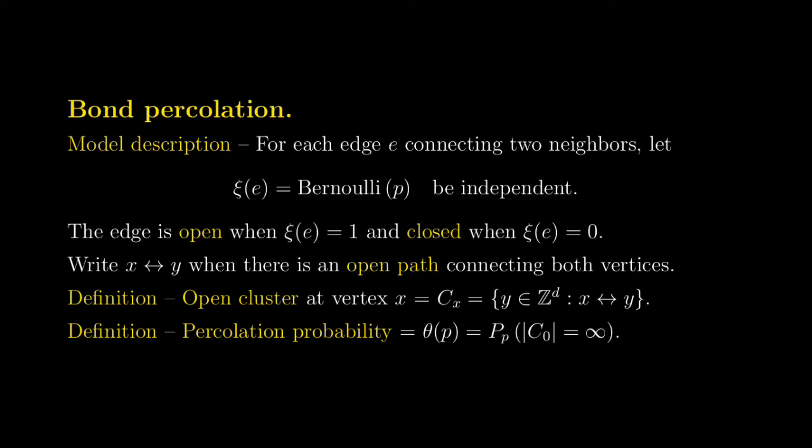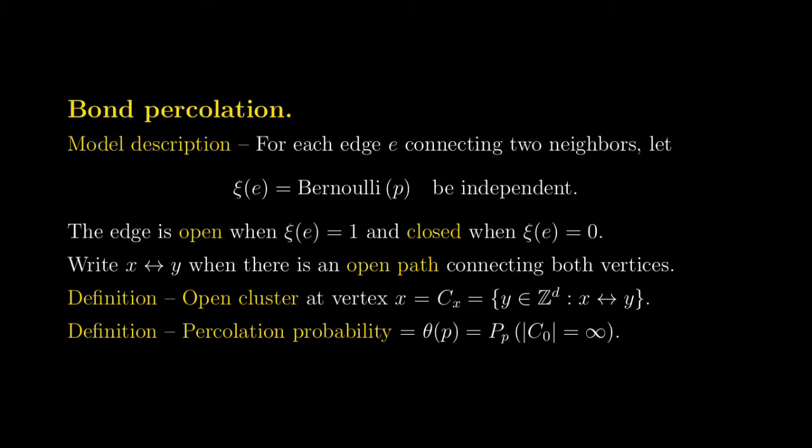So that's this event at the bottom right of the slide, this absolute value of C(0), that's just a notation I use to indicate the number of vertices in the cluster starting at 0. And we look at the probability of this event. So what is the probability that the cluster starting at 0 is infinite? That's also the same as the probability of an epidemic.